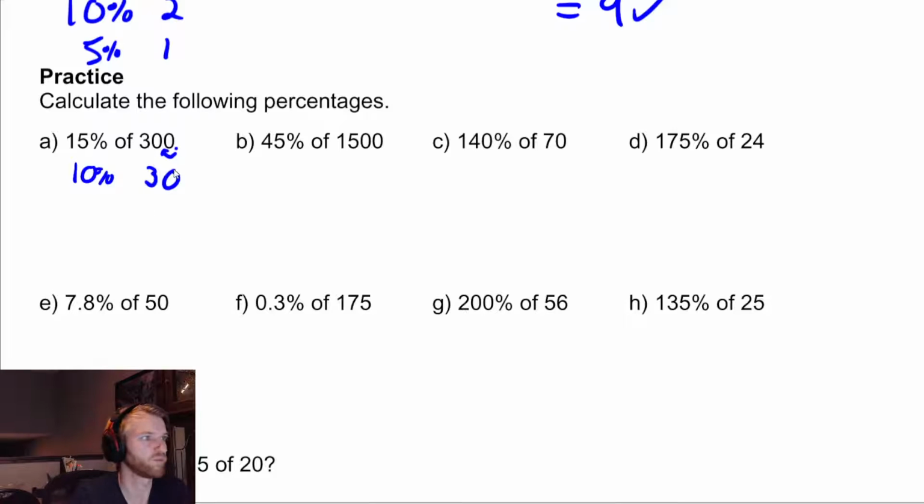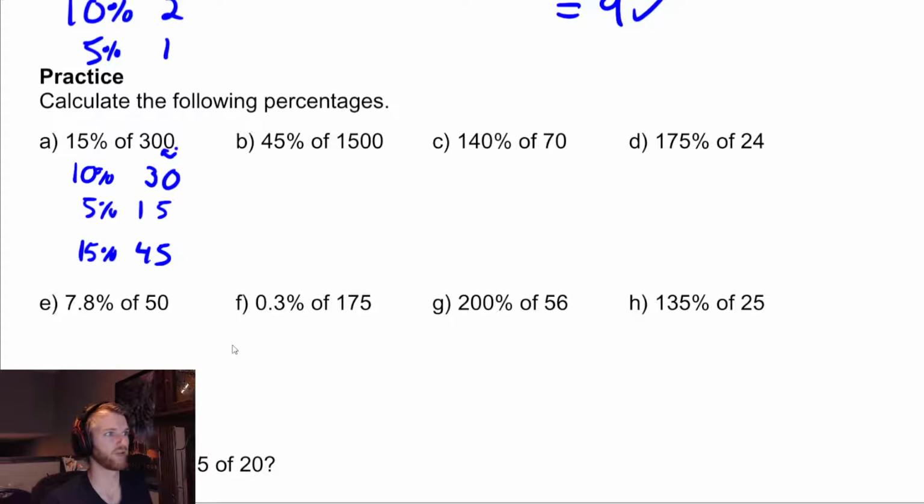So 10% was 30. What's 5% of 300? It's got to be half that. If 10% is 30, then 5% has to be 15. So then what's 15%? It's 10% and 5% together. 30 and 15 together makes 45.